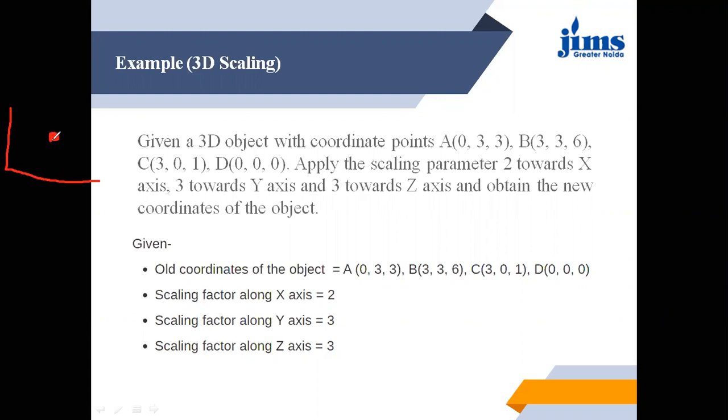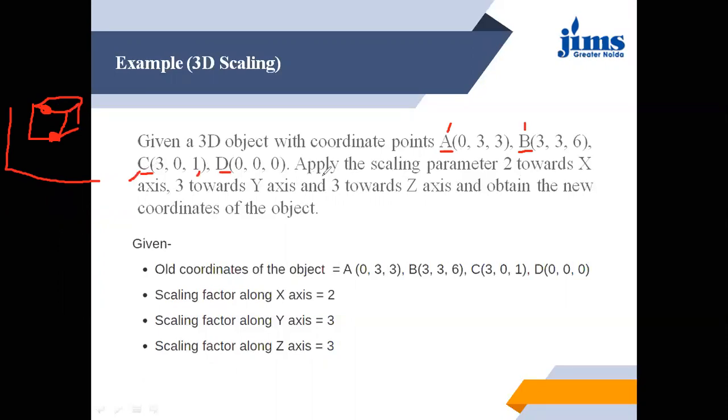They are not asking for all the coordinates corresponding to the object. They give a point A, B, C and D, and we have to find the new coordinates corresponding to A, B, C and D.